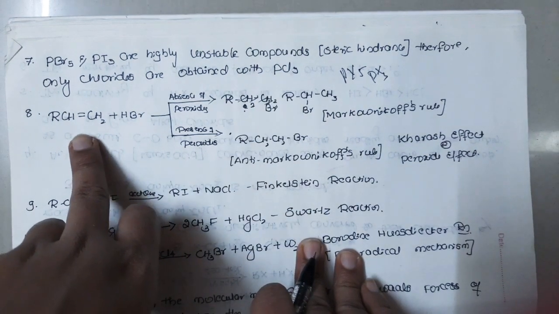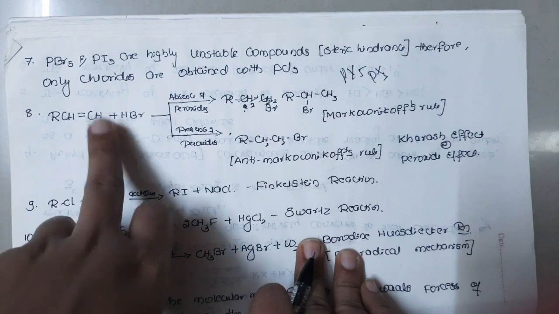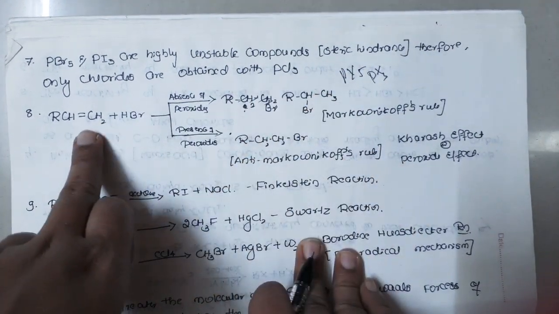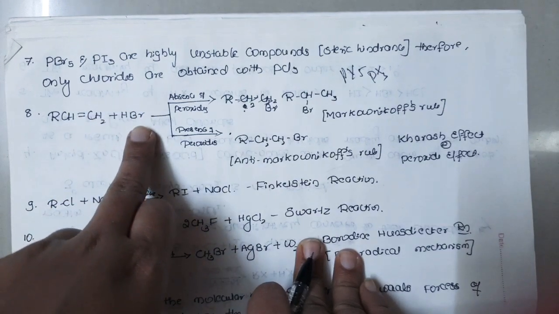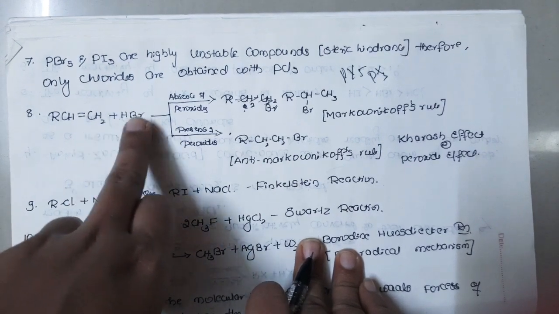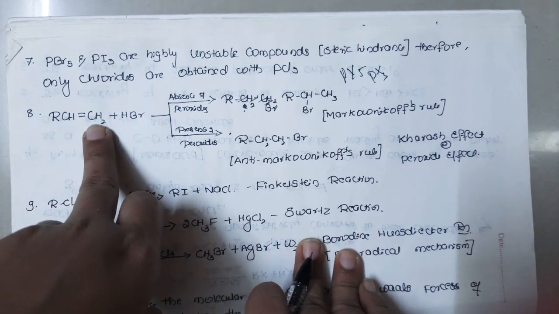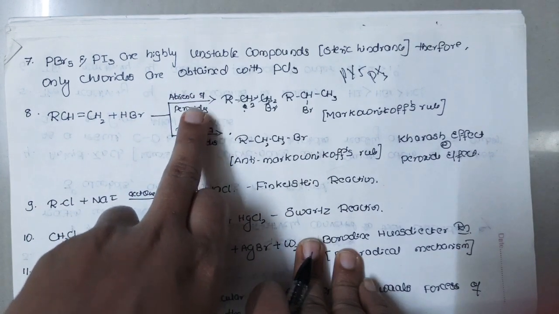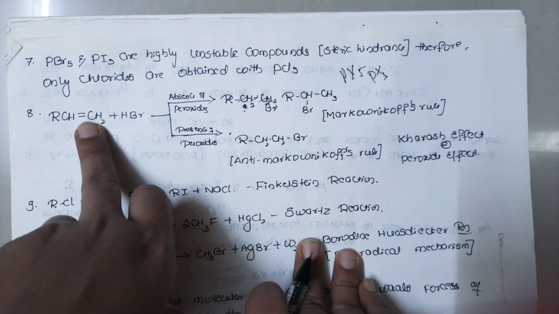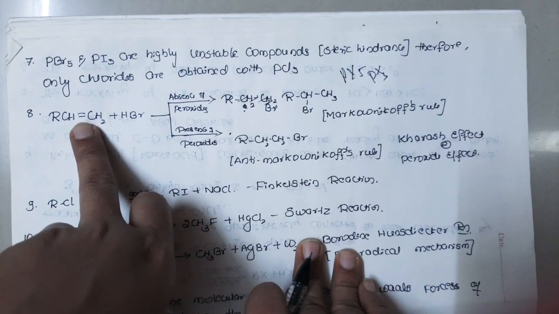Now, next point: we can prepare alkyl halides from an alkene by treating it with hydrogen bromide. This is very important. This is hydrohalogenation of an alkene in the absence of a peroxide and in the presence of a peroxide. Which alkene? An unsymmetrical alkene. What is an unsymmetrical alkene?